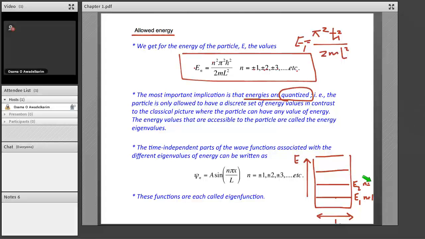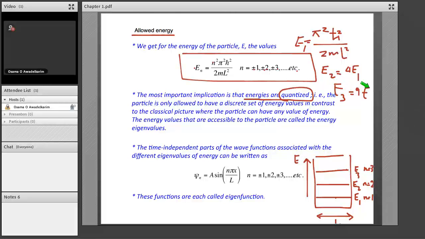So the electron can have this energy, which is, if you substitute n equals 2, you get E2 actually equals 4 E1, right? And then here is E3, which is for n equals 3. And again, if you substitute for n equals 3, you find E3 equals 9 E1.